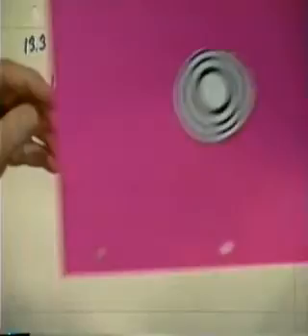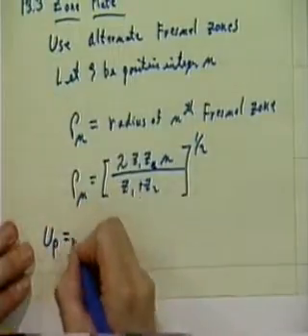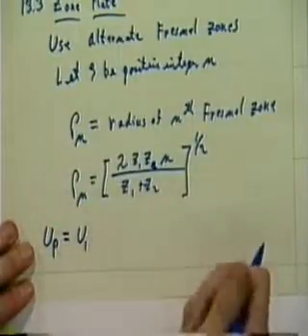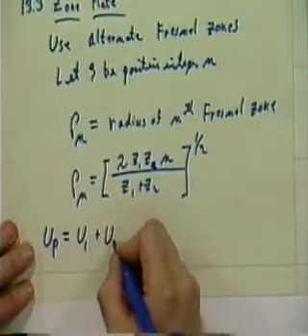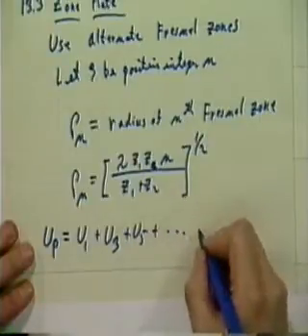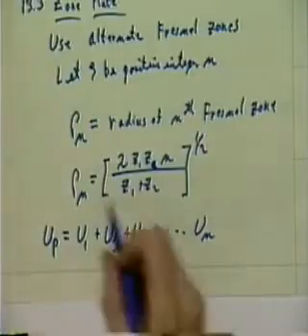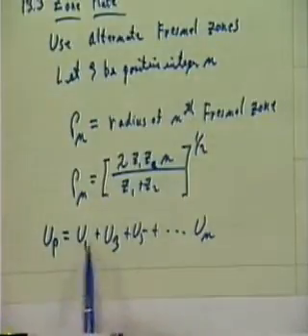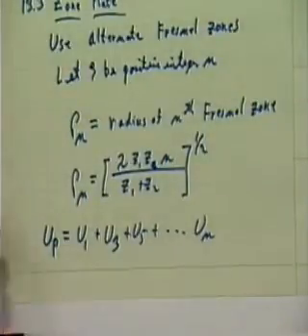And so U of P will be whatever we got from the first Fresnel zone, the second one we don't use, whatever we get from the third, fifth, and so on out to the nth one. Okay? And so we have to go back and do this integral, adding up all these phases, but it turns out to not be too hard.